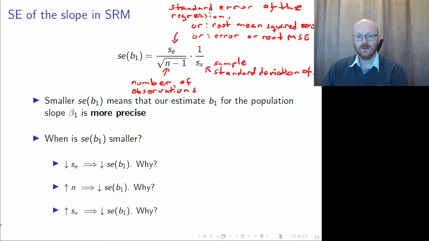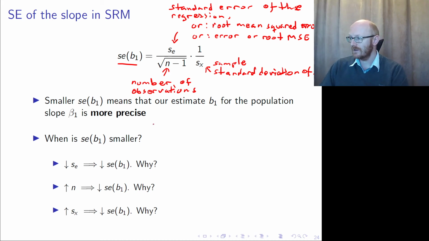Okay, so by knowing these three numbers, you can actually calculate the standard error of your coefficient. And a smaller standard error means that your estimate for B1, the slope, is more precise.